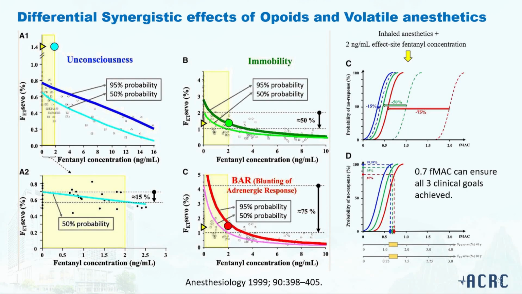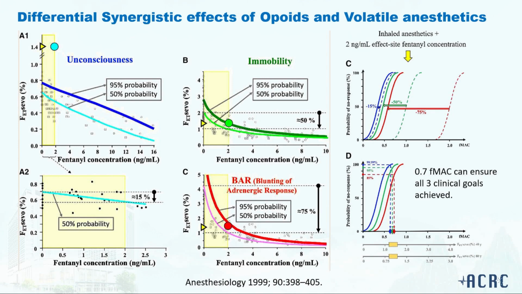When opioids and volatile anesthetics are used in combination, they have different synergistic effects. For consciousness, when combining volatile anesthetics and fentanyl, the MAC curve shifts about 15%. For immobility it is about 58%, and 75% for the blunting of the adrenergic response.